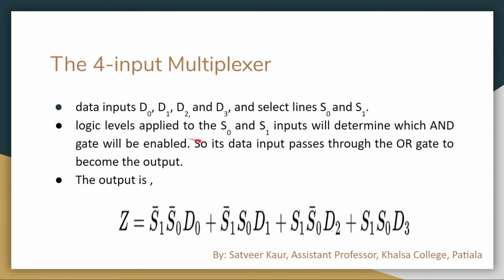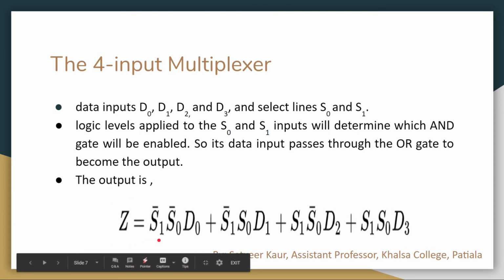Now the logic levels applied to the S0 and S1 inputs will determine which AND gate will be enabled so that its data input passes through the next OR gate to become the output. And the output will be Z = S1' S0' D0 + S1' S0 D1 + S1 S0' D2 + S1 S0 D3.